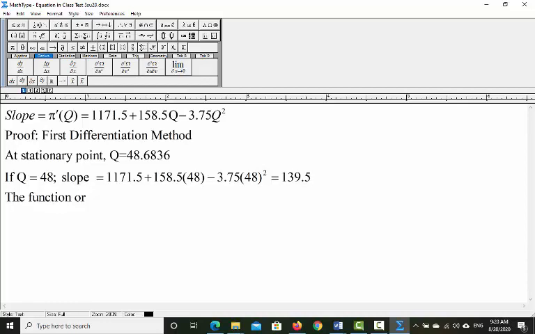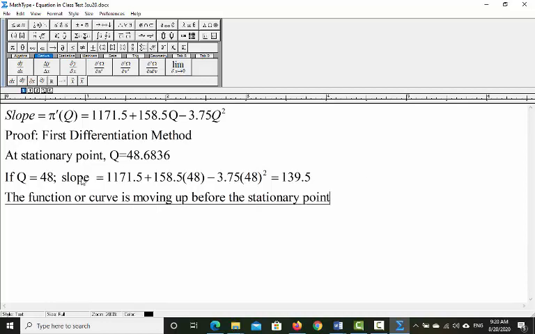So the function or curve has a positive slope. Slope is positive means moving up. The function or curve is moving up before the stationary point.